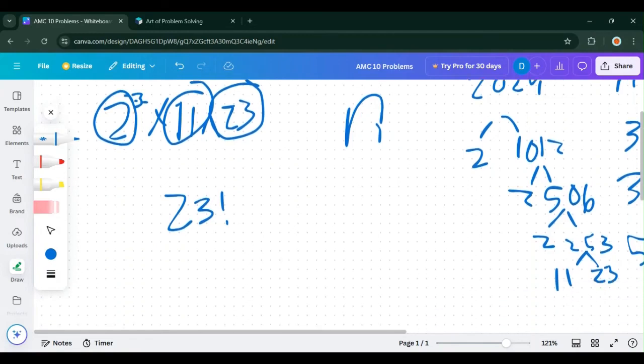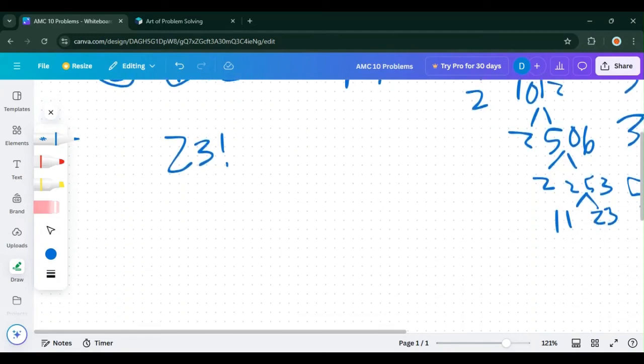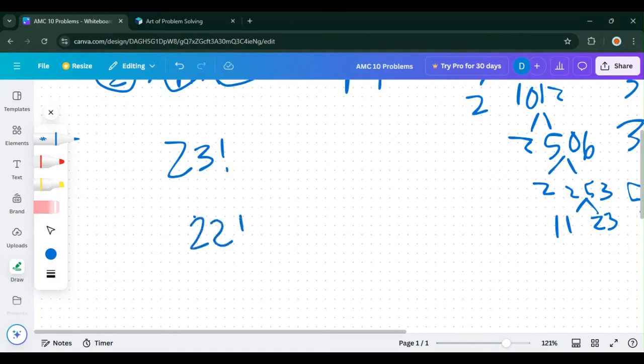And as you see, no smaller factorial will contain 23. Because if we go to 22 factorial, you'll see that it doesn't contain 23 because 23 is a prime. And I don't have to write it all out, but as you see, it will not reach 23.